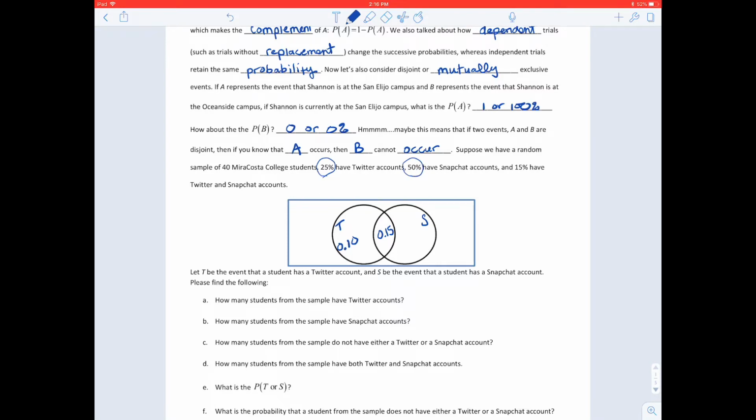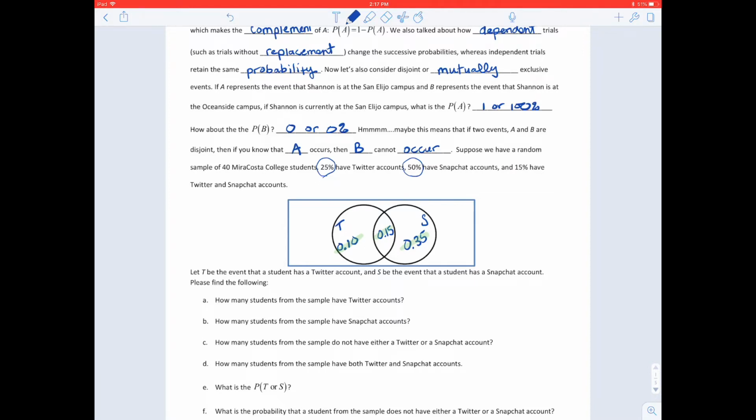Again, we've used 15%, so there's 35% left, or 0.35. Good so far? If you add these up without double counting, so if I add the 0.35 plus 0.15 plus 0.10, I get a total of what? Good, I get a total of 60% or 0.6.